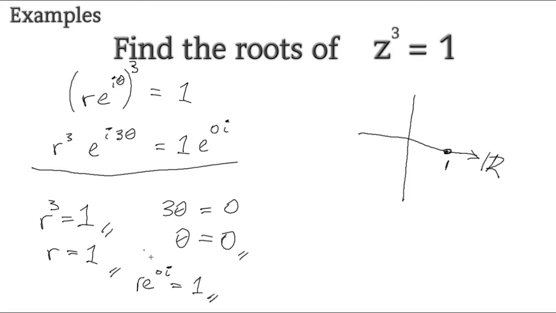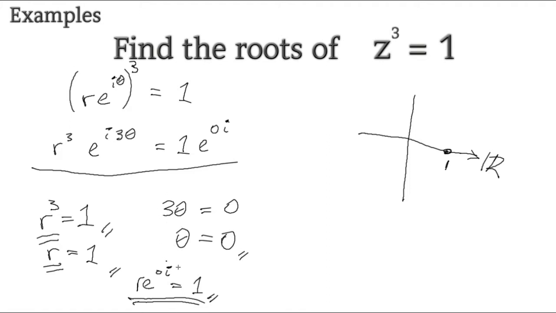So that's the solution. But remember, I have taught you before that the power equals the number of roots. We have 1 root so far. Well, what about the other 2? We cannot find 2 more moduli from the solution because they do not exist.